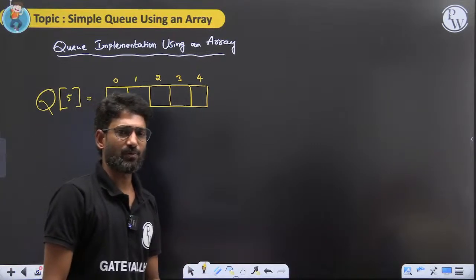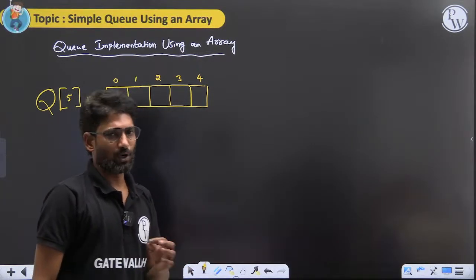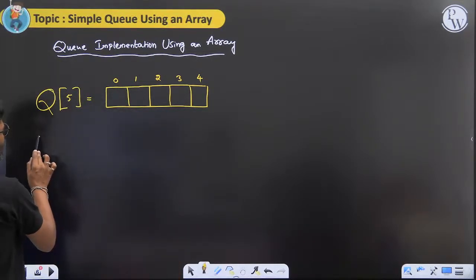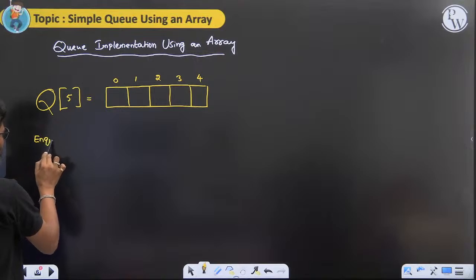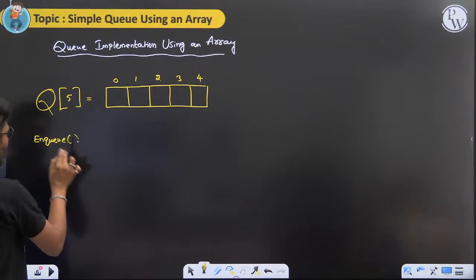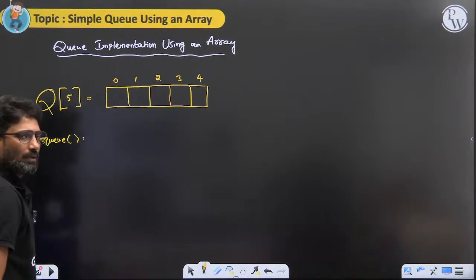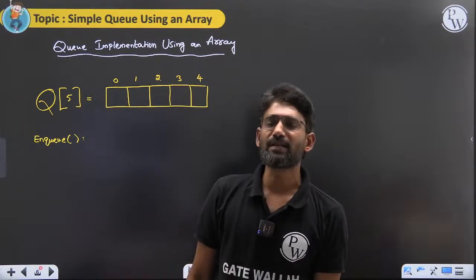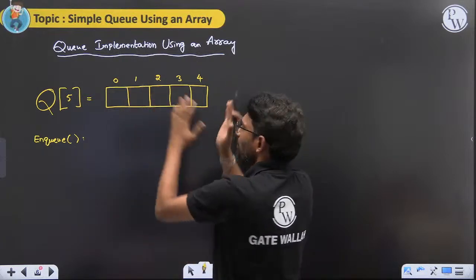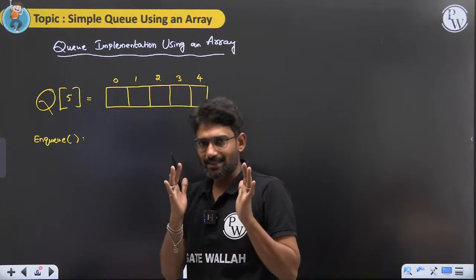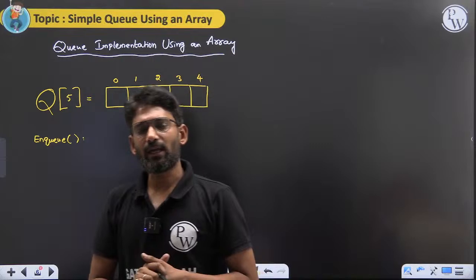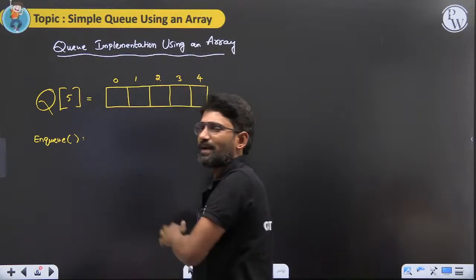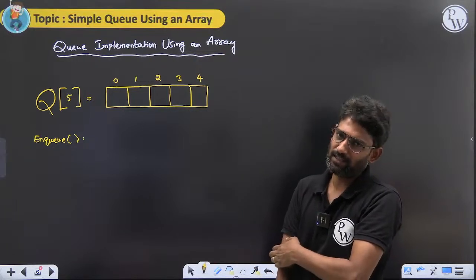What operations do we want to perform? Two operations, enqueue and dequeue. Enqueue means insertion. As with a stack, whatever you implement using an array will be of fixed size, static memory, so we cannot assure there will always be empty space in the array to insert the element.